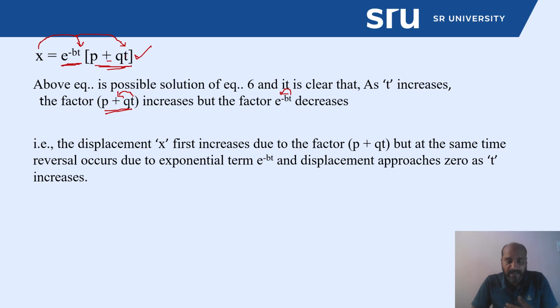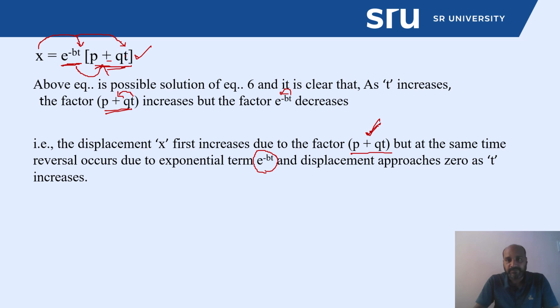When the damped oscillation starts, because of this factor p plus qt, at the beginning, I mean initially, the displacement of the oscillator will increase. But gradually, as time goes on, as oscillations proceed, because of this exponential factor e to the power of minus bt, the oscillations will decrease.